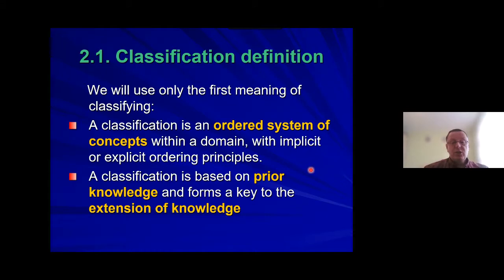Classification is an ordered system of concepts within a domain with implicit or explicit ordering principles. And classification is based every time on prior knowledge and forms the base for expansion of knowledge. It means we must have a background, some set of knowledge, some facts, rules, and important information.